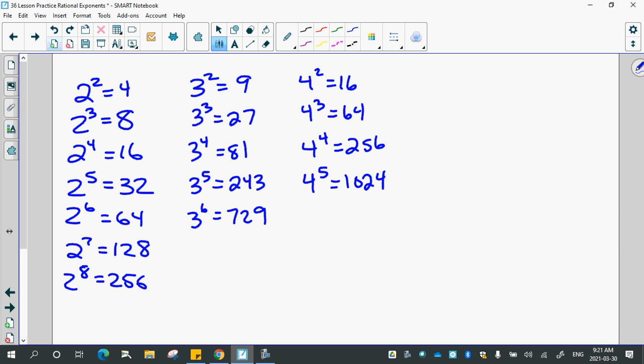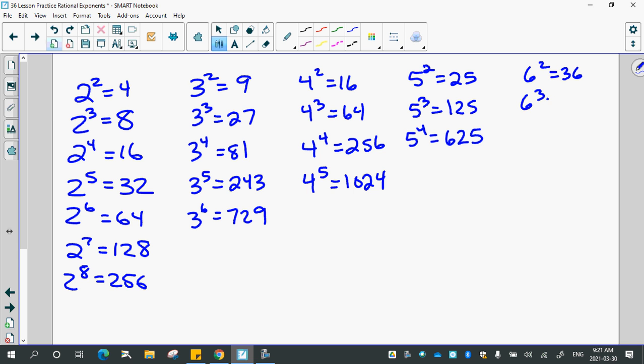Okay? 5 squared is 25. 5 cubed is 125. 5 to the 4th is 625. And that's usually as much as you need for fives. Okay? For sixes, 6 squared is 36. 6 cubed is 216. 6 to the 4th, I'm not sure, but I wouldn't pass there very often. 1296.